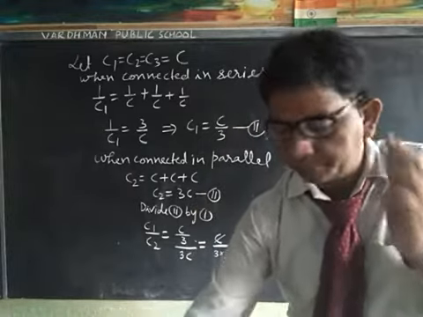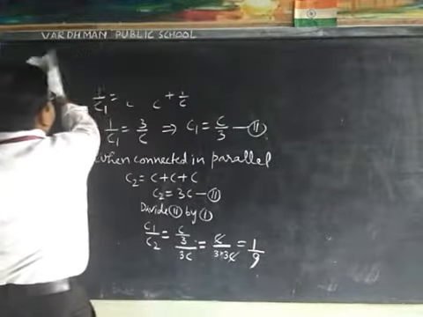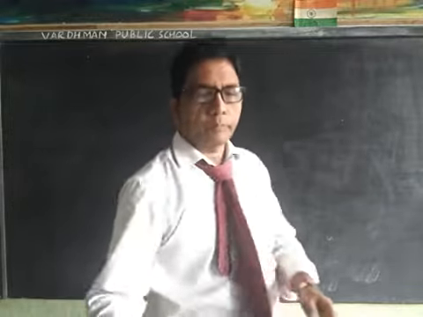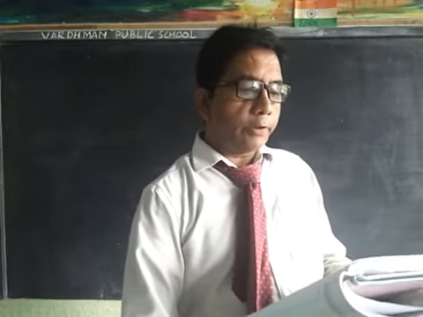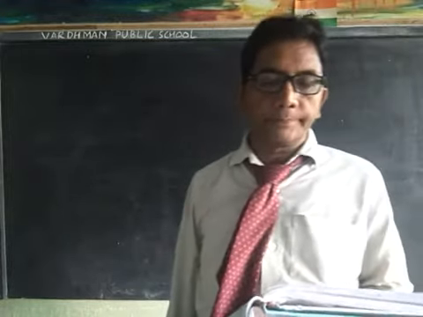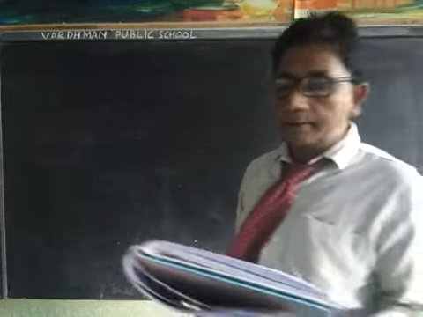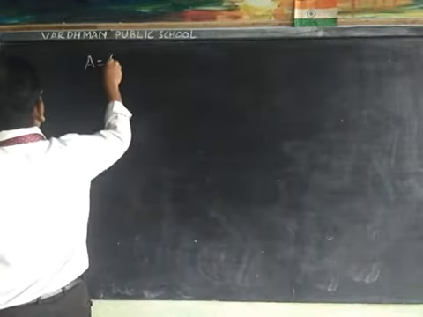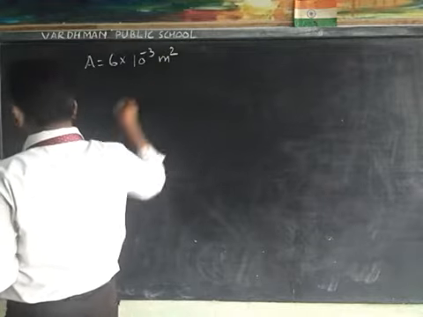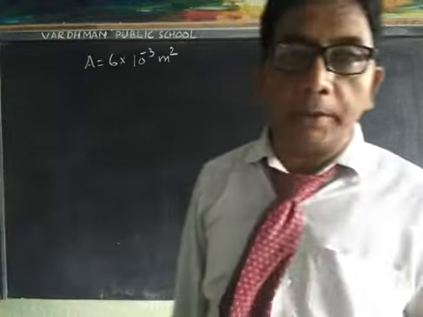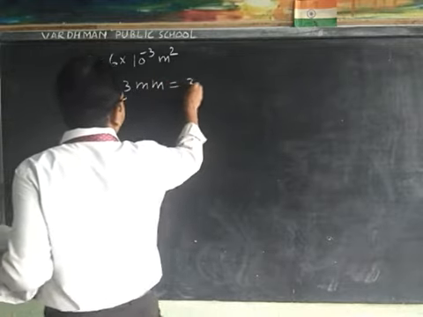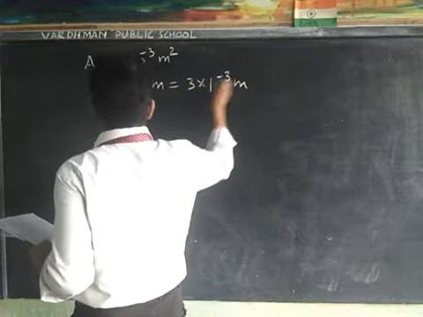The next question is: in a parallel plate capacitor with air between the plates, each plate has an area of 6 into 10 power minus 3 meter square, and the distance between the plates is 3 millimeter, which can be written as 3 into 10 power minus 3 meter.